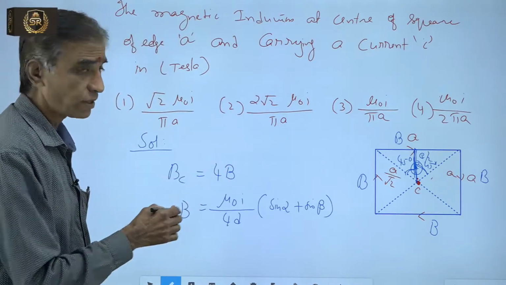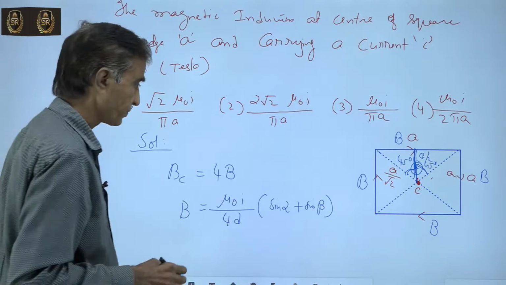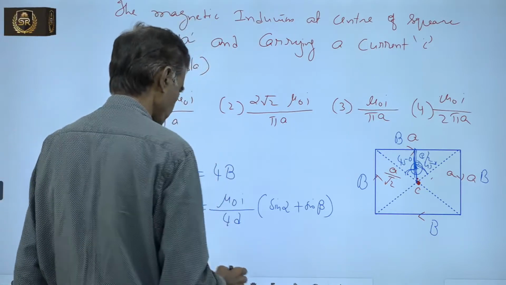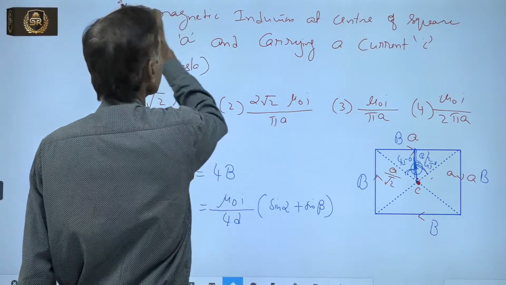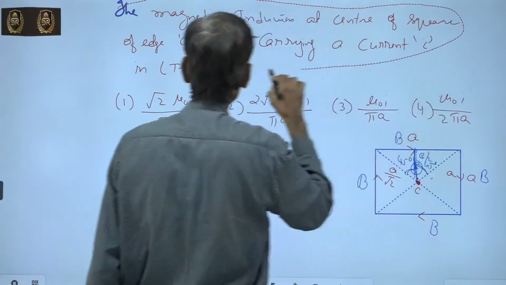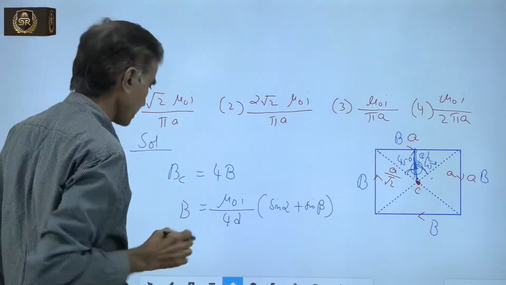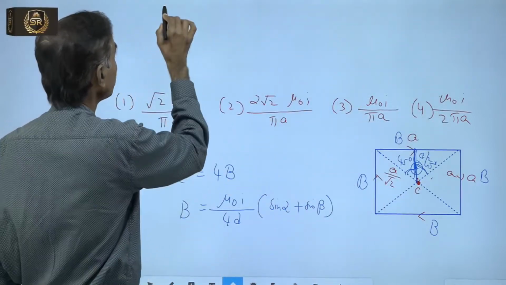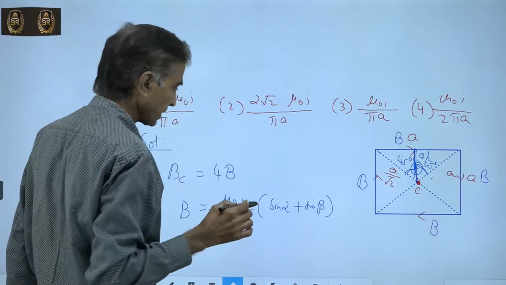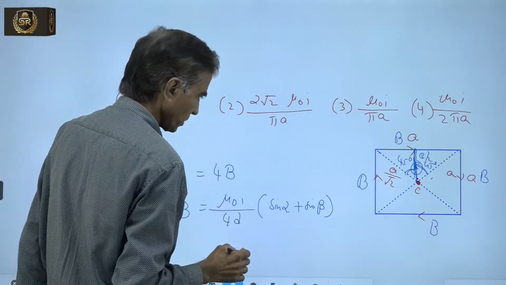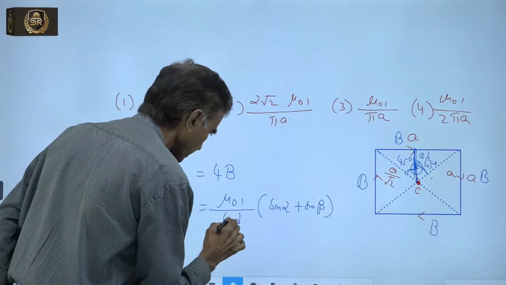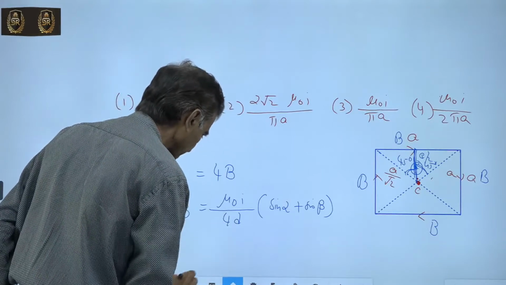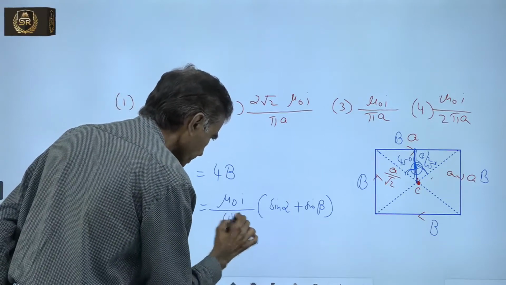Alpha equal to beta equal to how much? 45 degrees. Therefore, we will get the final answer as 4 times that value. Right. So that is equal to how much?